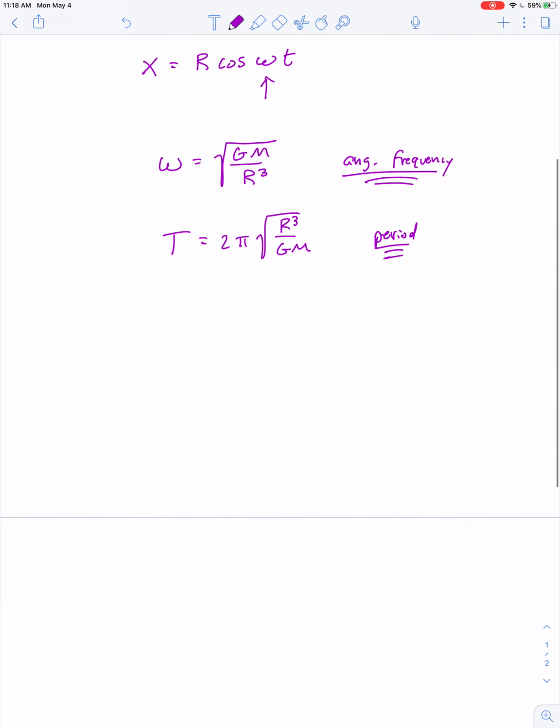So, in this video lesson, I just want to make sure we're clear on these different symbols, omega, f, and T. These are important symbols in our study of periodic motion.